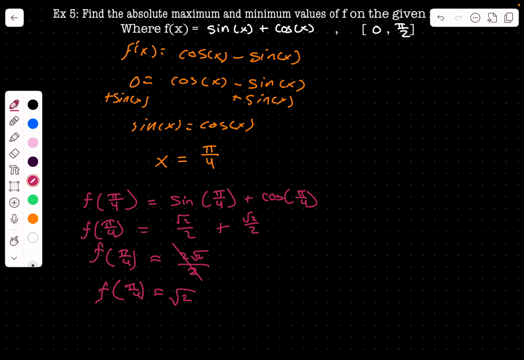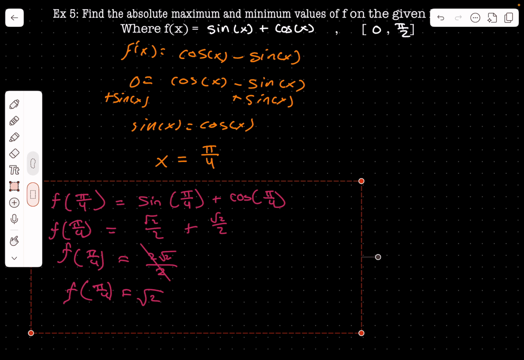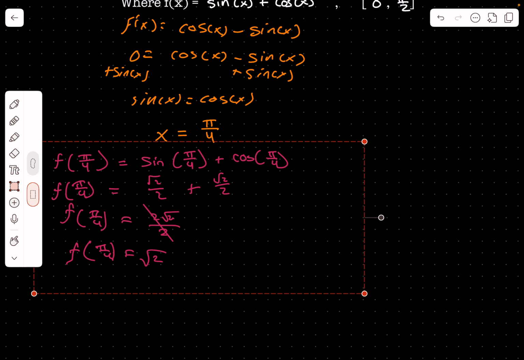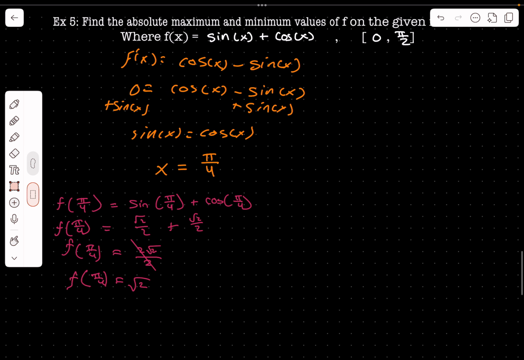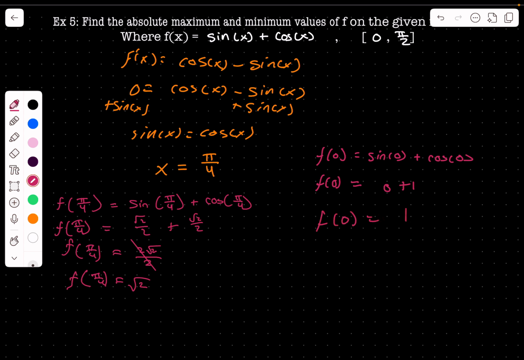Okay, let's keep going. Now let's do our endpoints. F of 0 equals sine of 0 plus cosine of 0. Off the top of your head, I pray you already know what this is. So we just get 0 plus 1, and then 1.